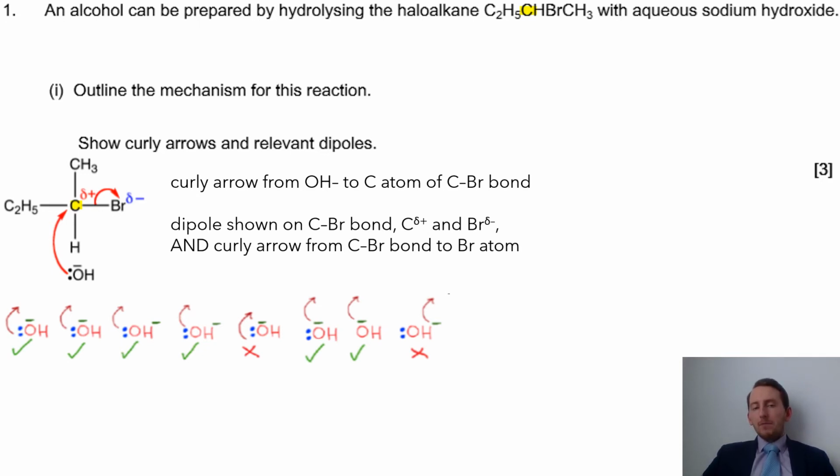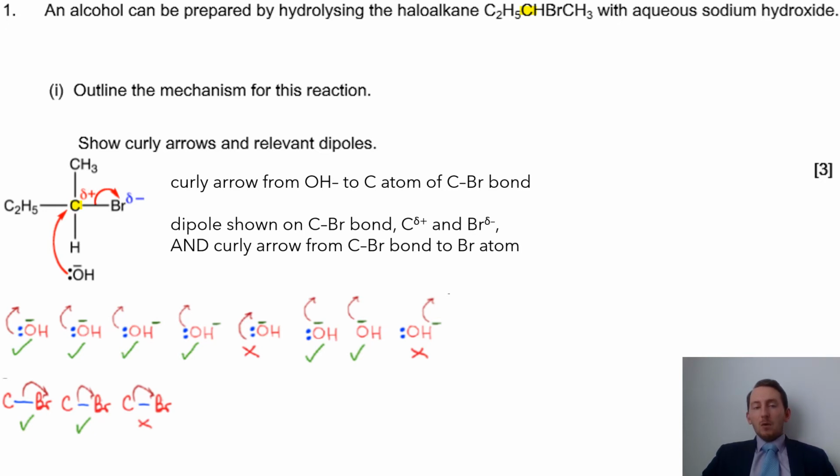So from the lone pair, I've also got from the negative charge as well. But still, you need to be careful as to where you're putting those negative charges or where your arrows are starting from the bonds. And then also from where your arrow's starting and where it's pointing to for that carbon to bromine bond. You've got those examples there to make it crystal clear, so you're not going to lose a mark for that.